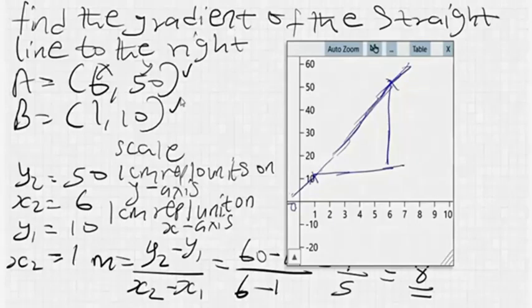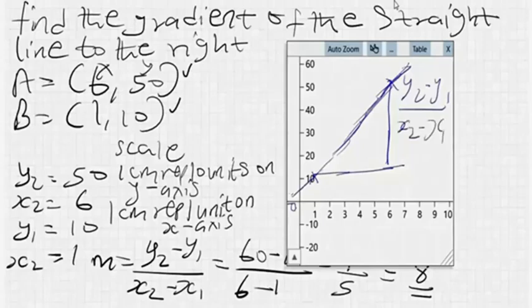Now from here, if you are using a graph to show how you got the slope, you can indicate that y2 minus y1 over x2 minus x1 is our slope, m. Remember, m equals this. So our y2 is 50, our y1 is 10, and our x2 is 6.